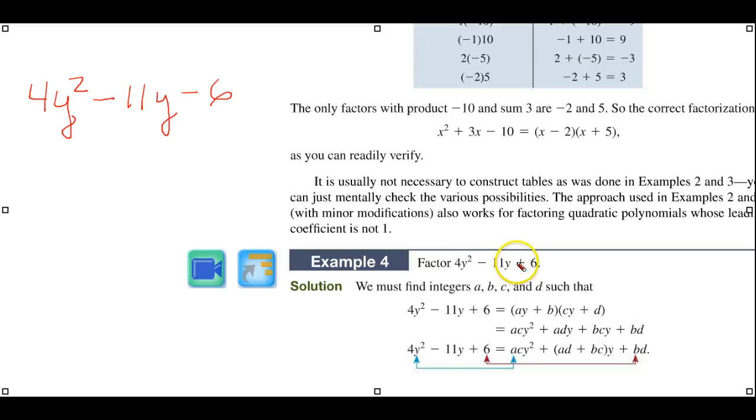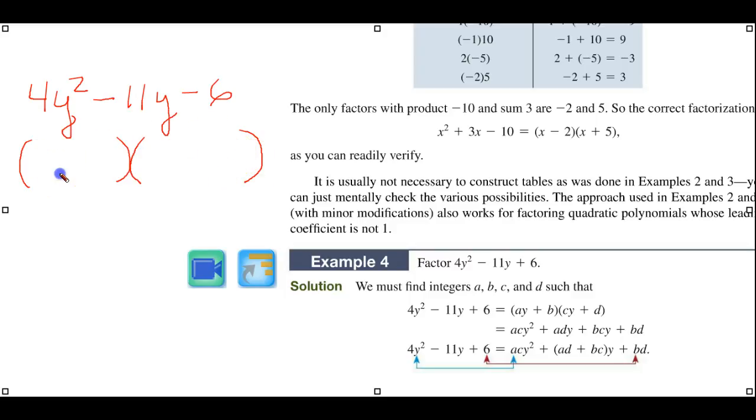Now in example 4, we notice now our a term is not a 1, it's a 4. So this makes it a little more challenging, but again, there are no common factors. So here we use what is called trial and check, guess and check.